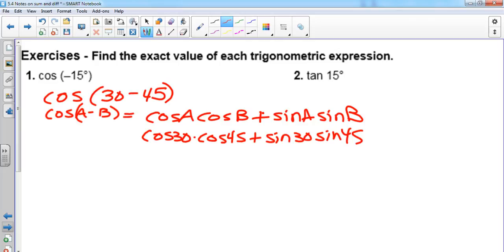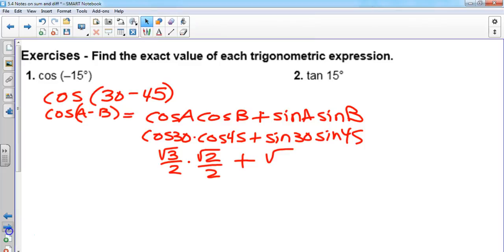We good? Now we're going to flip our sheet over to the unit circle side and replace those with values. Cosine of 30 is? Did I do that right? Yes. Cosine of 45. Sine of 30, whoops, that one is 1/2, yes.